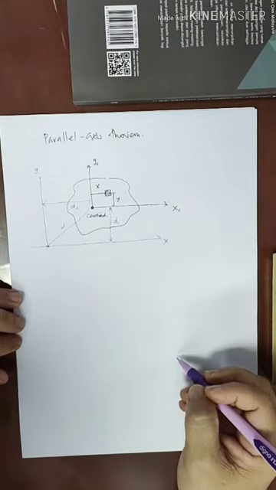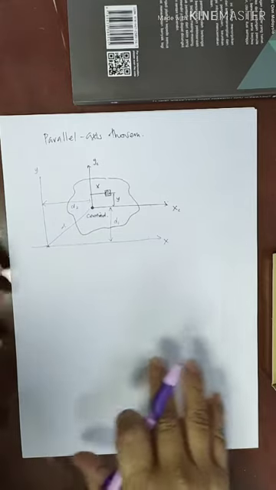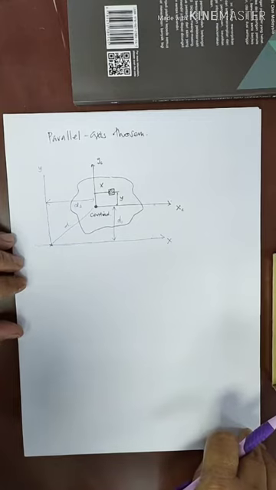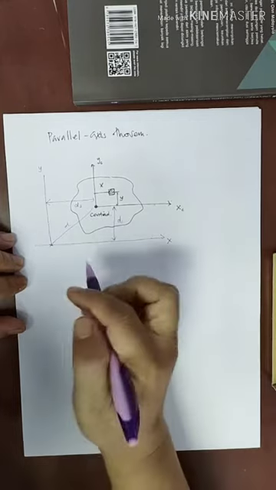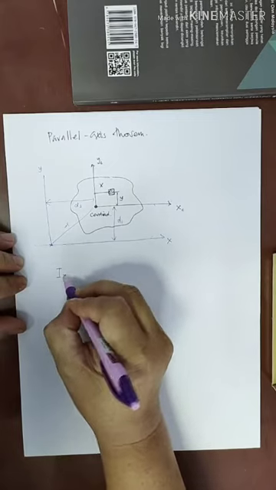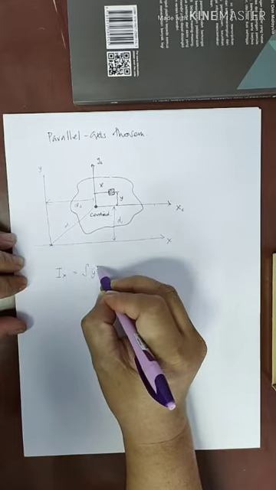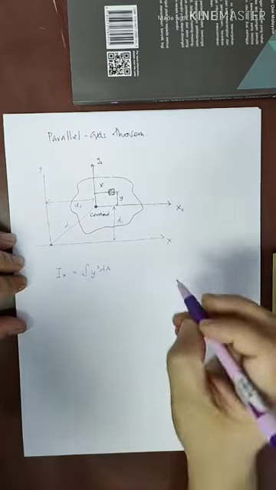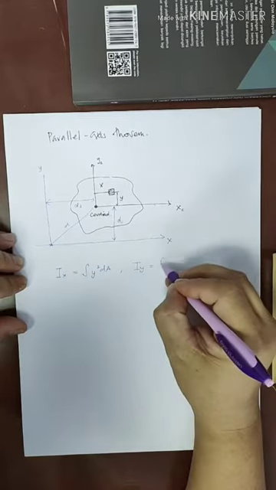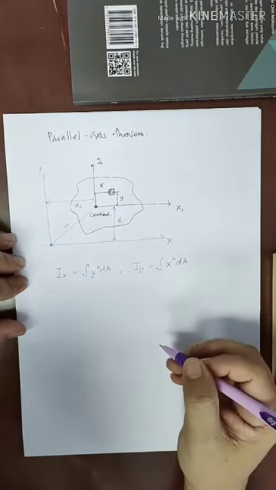Okay, so how can we modify the previous theorem that we use? We have the Ix, okay, is integration of y square dA, and also Iy is equivalent to the integration of x square dA.